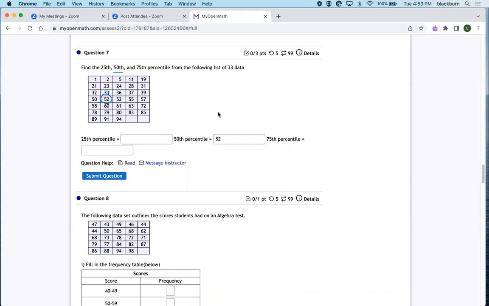And now I know that there's 16 data values below and 16 data values above. So basically halfway between the 8th and 9th, going either way, is going to give you those quartiles. So we go up to the 8th and 9th values in the list. The 8th and 9th values are going to be 24 and 28.